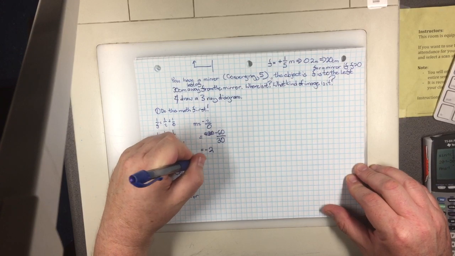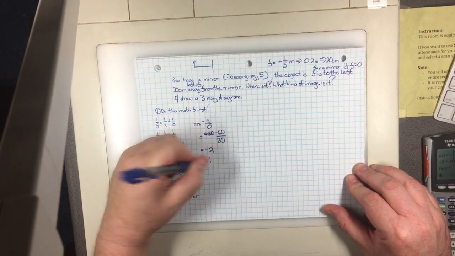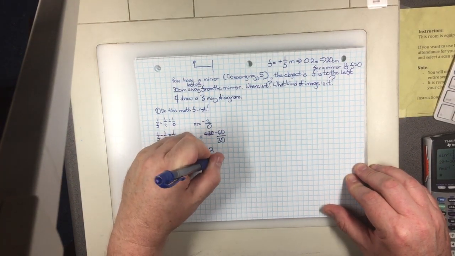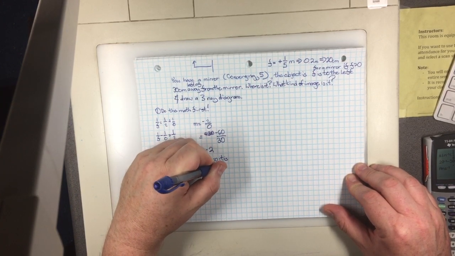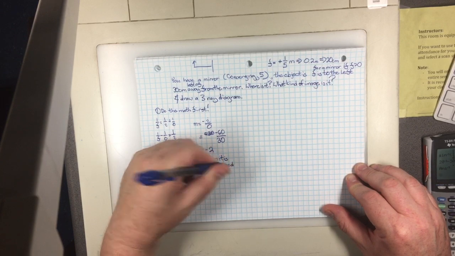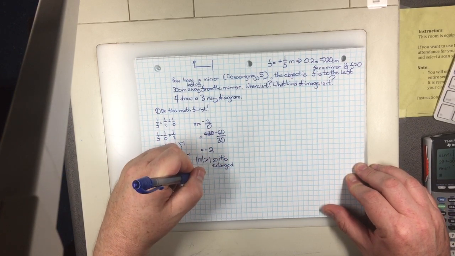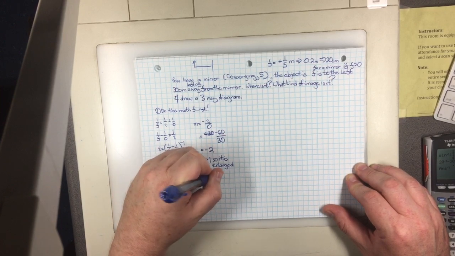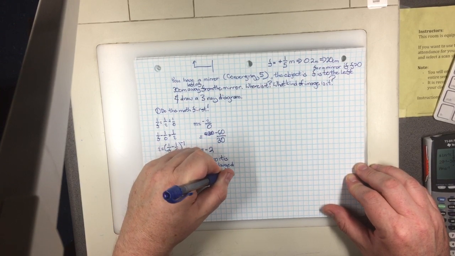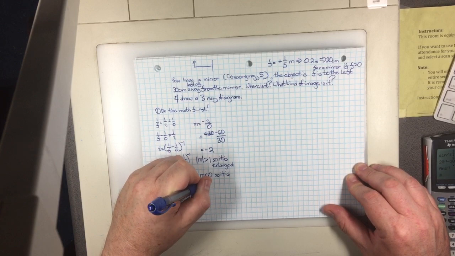The absolute value of the magnification is greater than 1, so it is enlarged. The M is less than 0, so it is inverted.